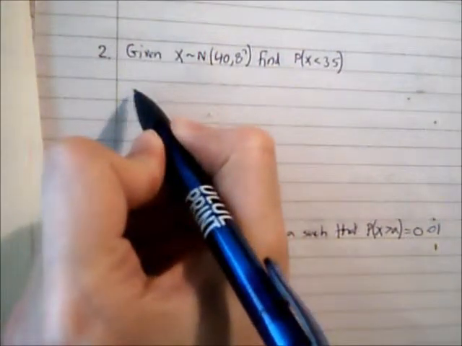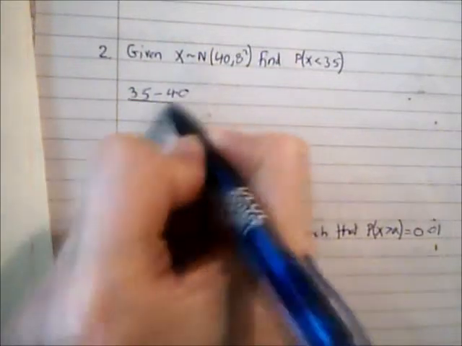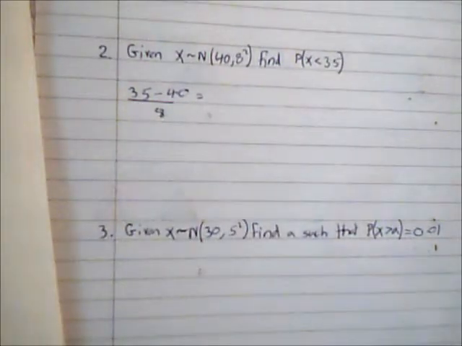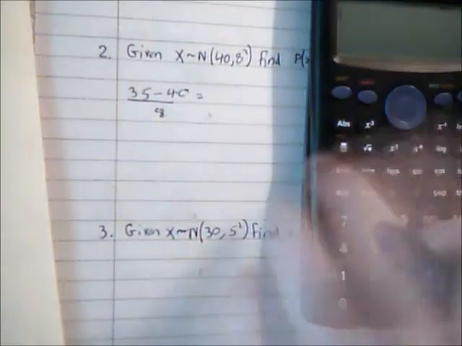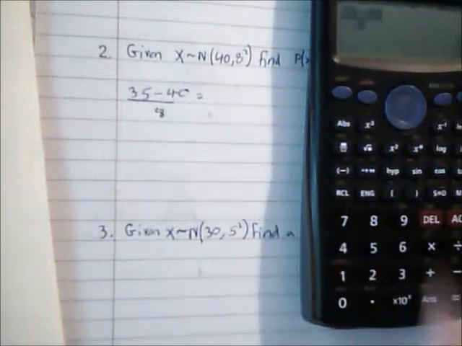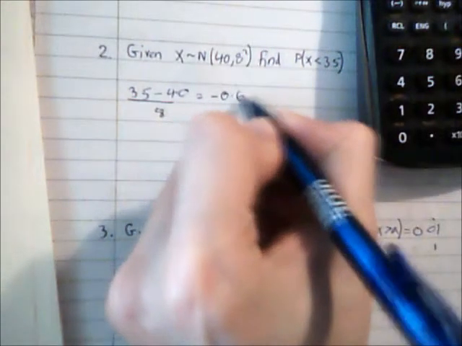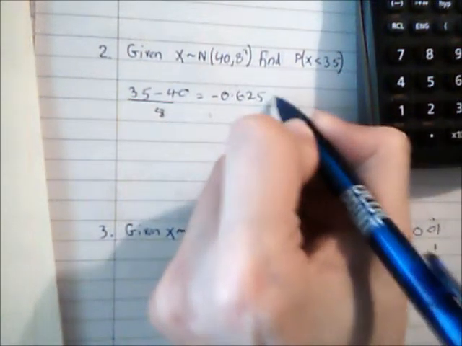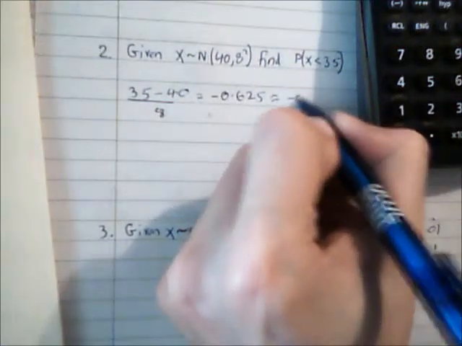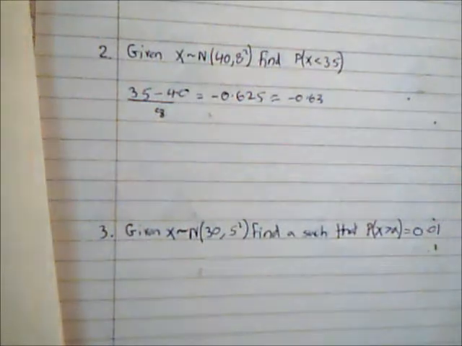So this time I'm going to do 35 subtract 40 over 8. That gives me negative 0.625, which I'm just going to write as negative 0.63 to 2 decimal places.